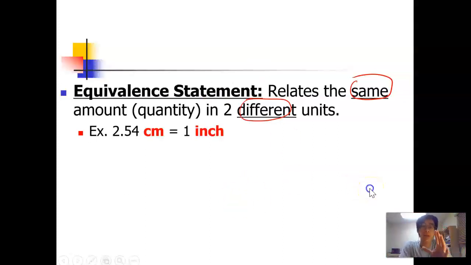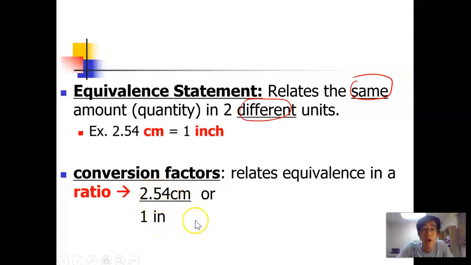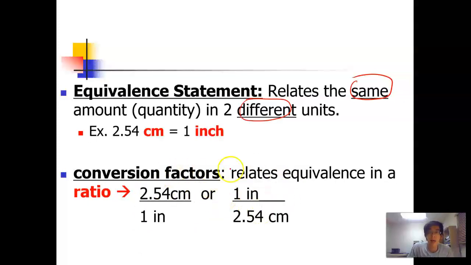They're the same exact quantity. So I can write these equivalent statements as conversion factors, which just puts them as a ratio or a fraction. So I can write 2.54 centimeters over 1 inch, or 1 inch over 2.54 centimeters, because I know that these equivalent statements are equal to each other, and since they're both the same, they're both going to equal 1.